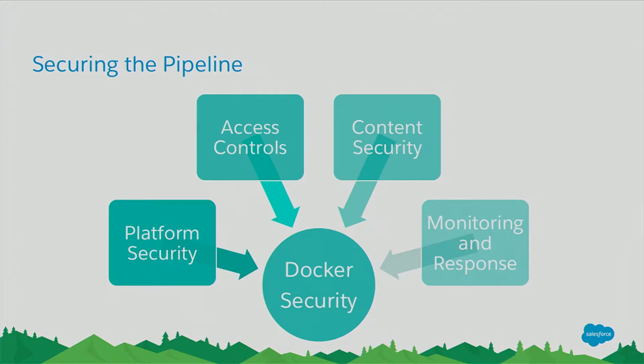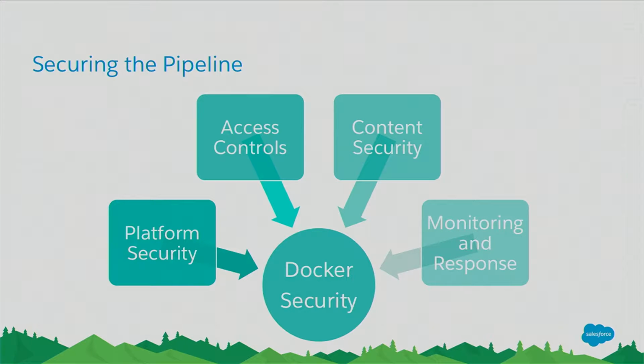Pipeline security is composed of, generally speaking, securing your platform, your OS, even your hardware, if you're doing TPM, TXT type security. Access controls: whether you provide access to your Docker engine to all your users, or whether you provide access to your host to all of your users, or whether you segregate dev from prod.